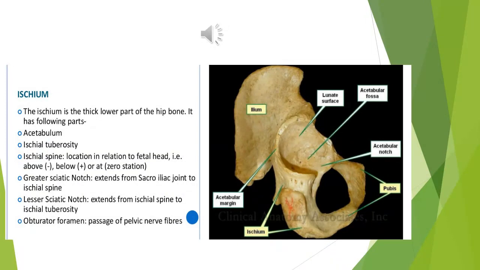Some structures exit from the pelvis through the greater sciatic notch, reach the gluteal region, and then pass again through the lesser sciatic notch, like the pudendal nerve, internal pudendal vessels, and the nerve to obturator internus. All these structures enter the perineum through the lesser sciatic notch. So these are the things we have to remember while dealing with the bony aspects of the pelvis.